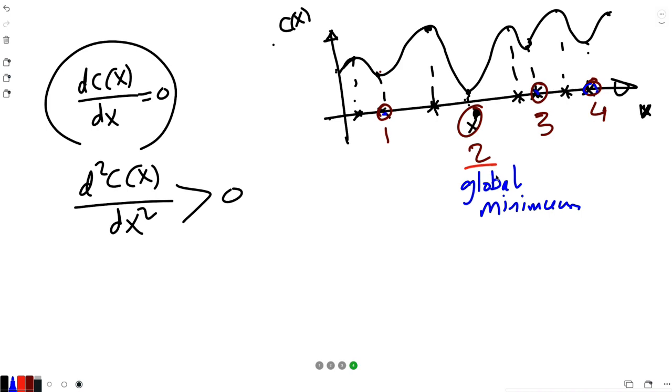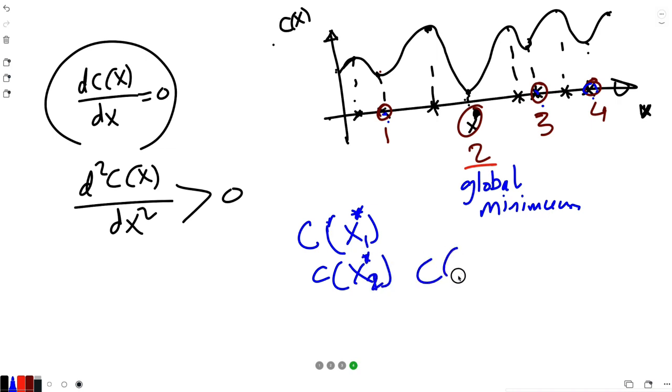Simply, we can substitute these points in the original cost function. So we substitute in the cost function, for example, the point x1 star for the first local minimum, and we substitute for the second one, and for the third one, and for the fourth one, because we have 4 local minima.